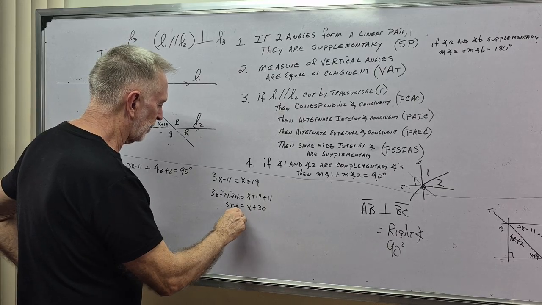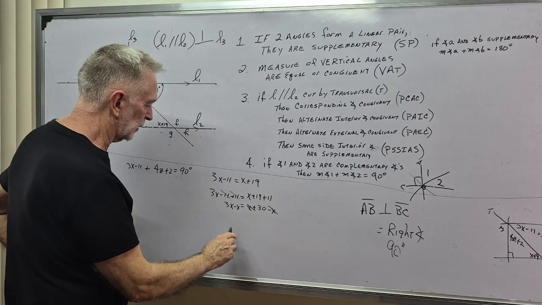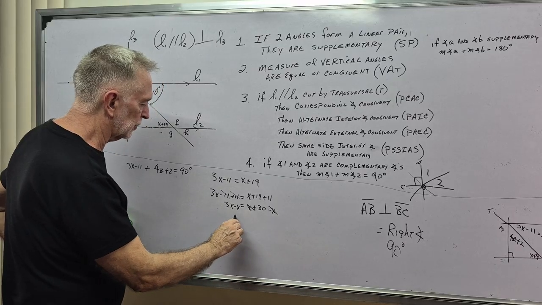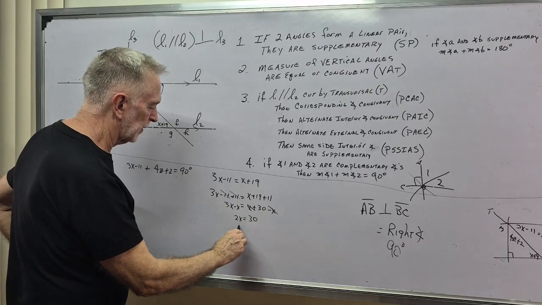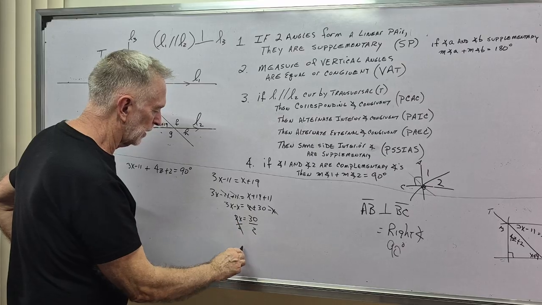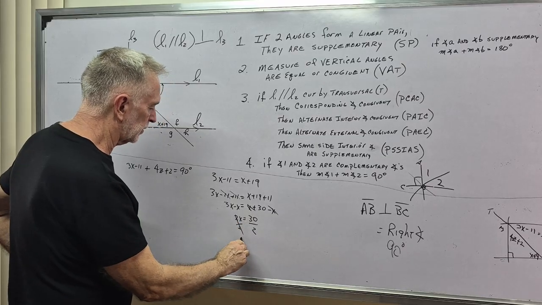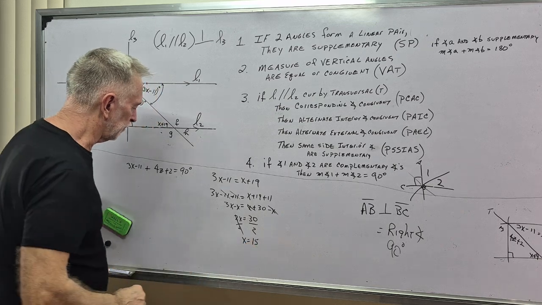So now I'm going to subtract x from both sides. x minus x cancels, so 3x minus x is 2x. 2x equals 30. Now divide both sides by 2. 2 over 2 is 1. 1 times x is x. x equals 15.